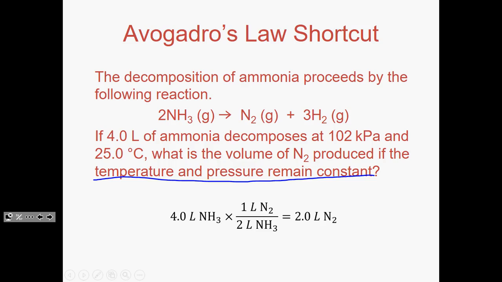It's literally that easy. And keep in mind, if they ask us for the hydrogen, it would just be a 2 to 3 ratio here, because it's 2 liters of ammonia for every 3 liters of hydrogen. And honestly, by the same token, because moles are additive, if they gave us the volume of the ammonia and they ask us what the total volume would be, I know for every 2 moles of ammonia, I have a total of 4 moles being produced, 1 mole of N2 and 3 moles of H2.